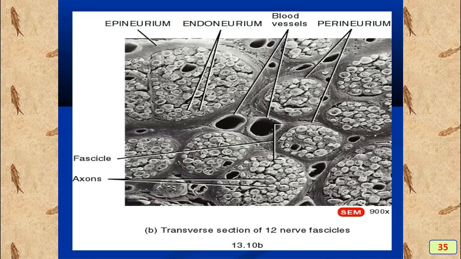In this cross section, the black structures are the blood vessels, then the fascicles, then axons, epineurium, endoneurium, and perineurium. Epi means above, endo means inside, and peri means surrounding each neuron.